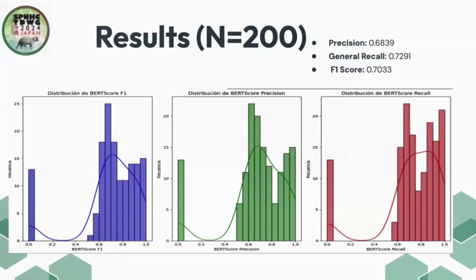The distribution graphs show that most of our scores are between 0.6 and 0.9, but there are some outliers, especially in precision, where the model could be improved. Moving forward, our focus will be on refining the model to address these outliers and further enhance accuracy.